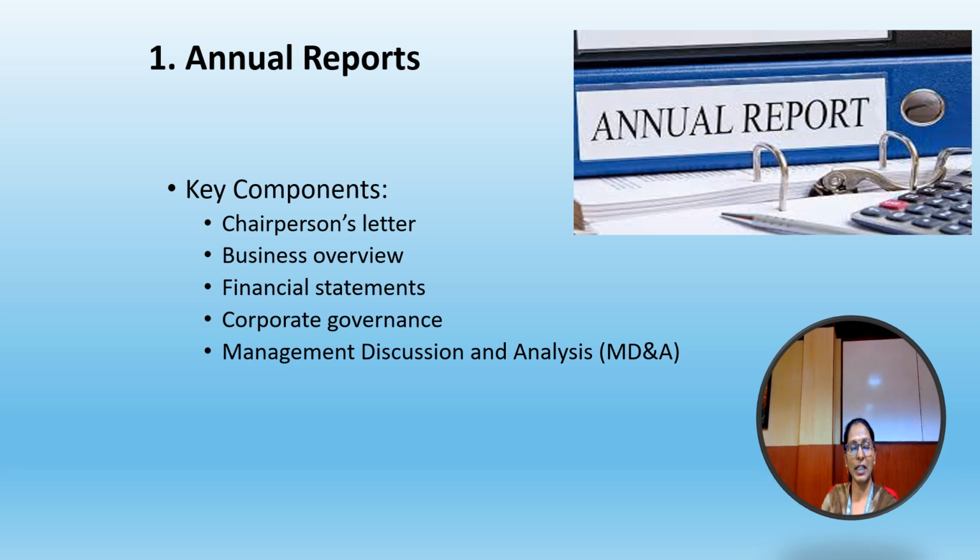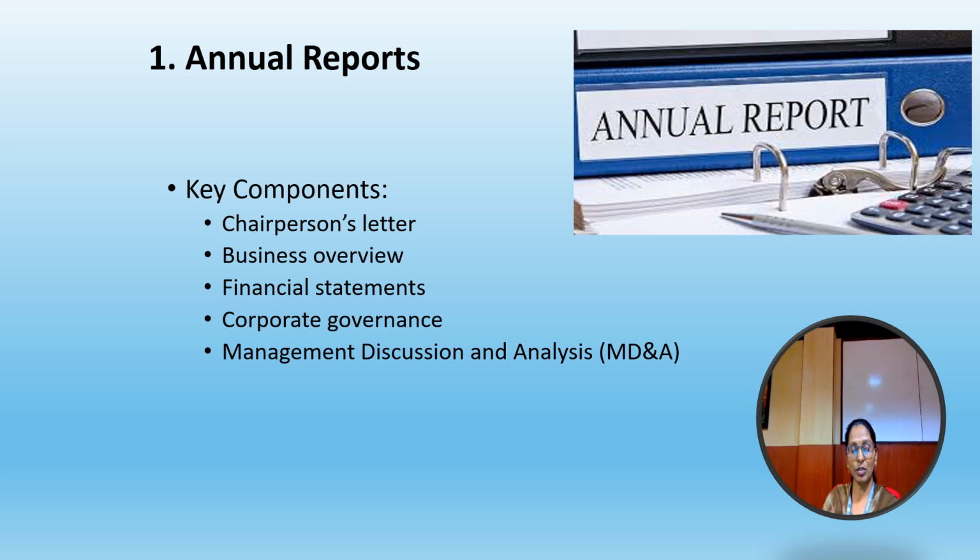So the major key components in annual reports are going to be the chairman's letter, where a message may be given from the CEO or the chairman, highlighting the company's achievements and also the major challenges that the organization has gone through during that particular period of time.